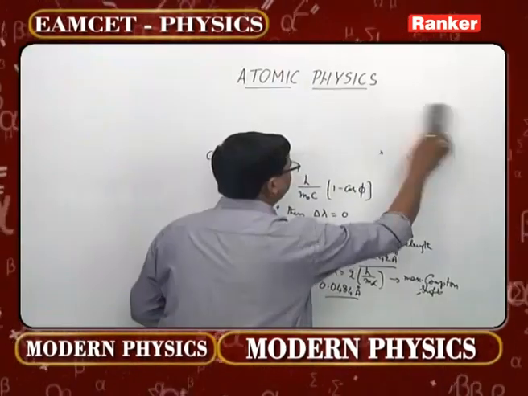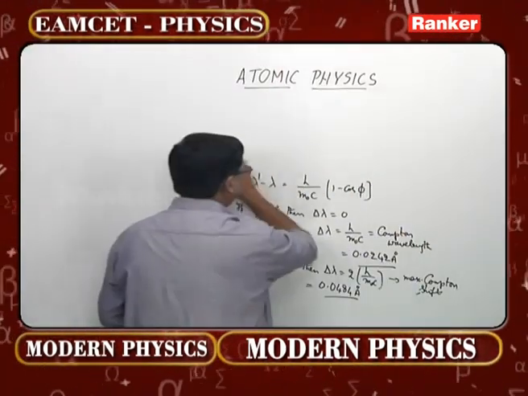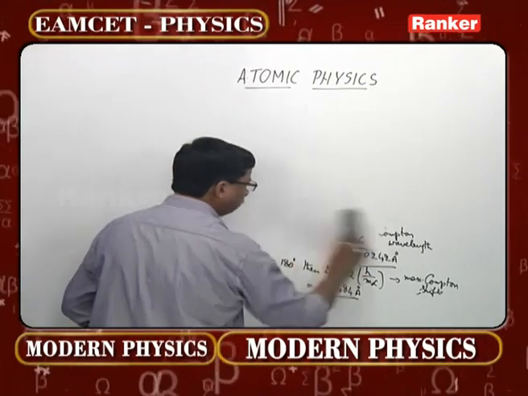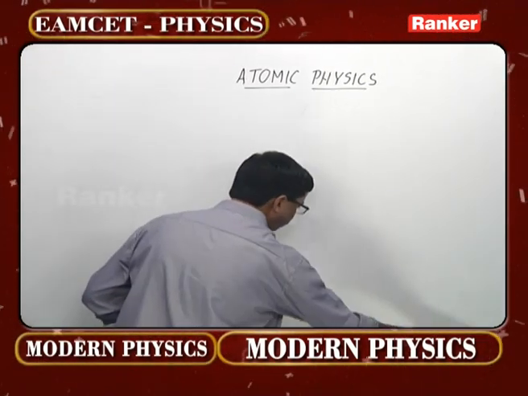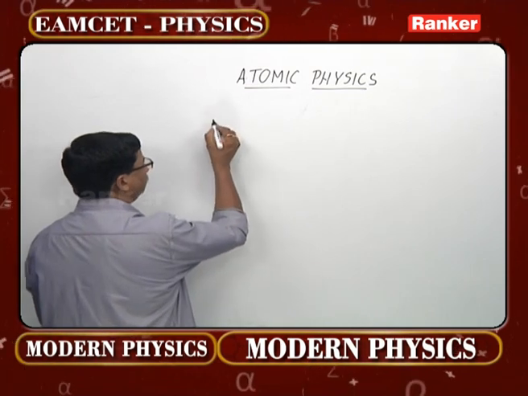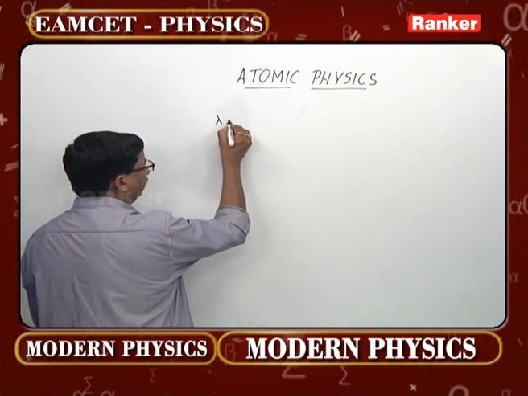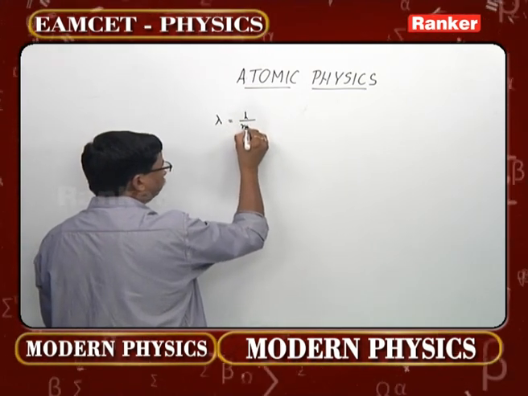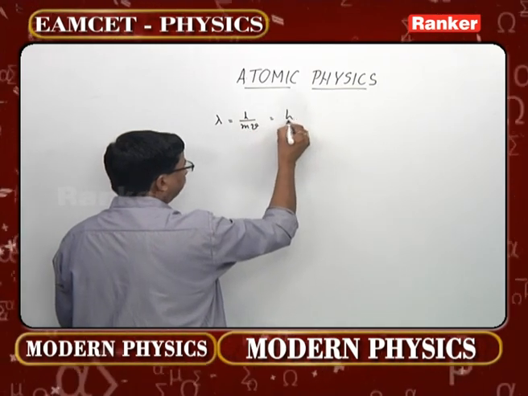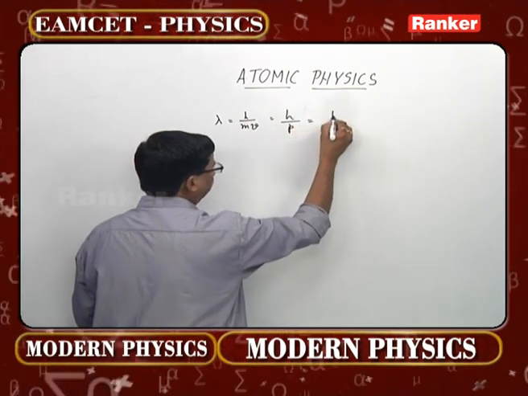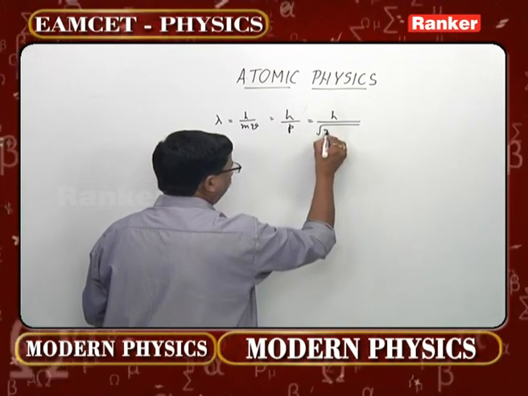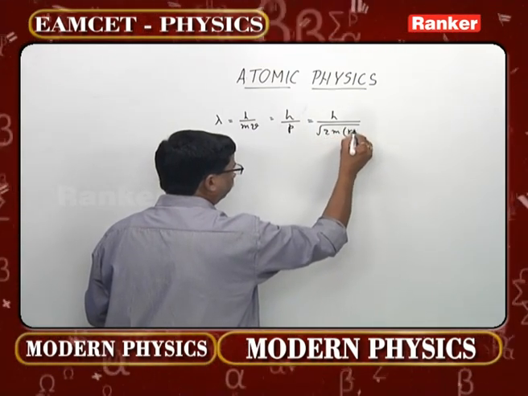Coming to the last one over here. What is the concept of de Broglie's hypothesis? What is the only formula we have? In fact, a small chain we are having. De Broglie wavelength lambda is equal to h by mv. In other words, h by p we can write. In other words, h by root of 2m into kinetic energy.